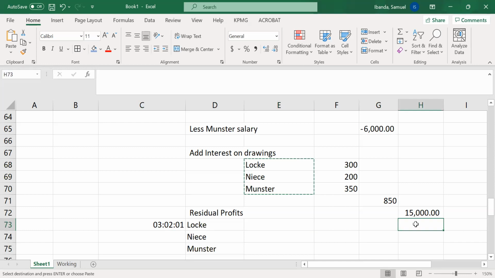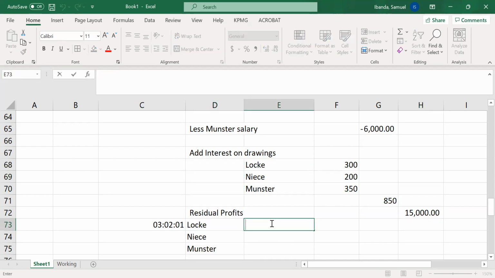So if this is the residual profits, it means that this so-called Loki will get 3 out of 6 times 15,000. Nins will get 2 divided by 6 times 15,000.